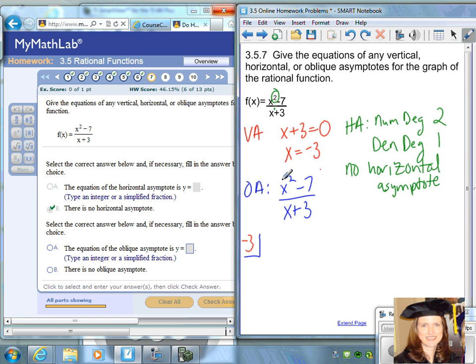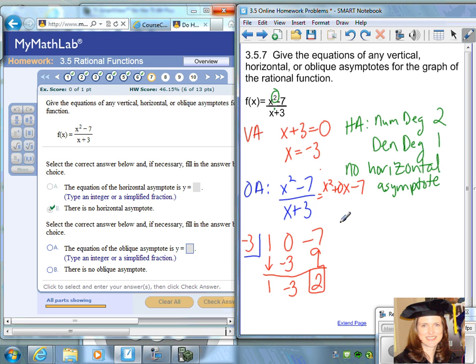What you're dividing into is x squared minus 7, which is the same thing as x squared plus 0x minus 7. So the setup is going to be 1, 0, negative 7. Bring down that first term, 1. You get 1 times negative 3 is negative 3. 0 and negative 3 is negative 3. Negative 3 times negative 3 is a positive 9. And in this case, the remainder is 2.